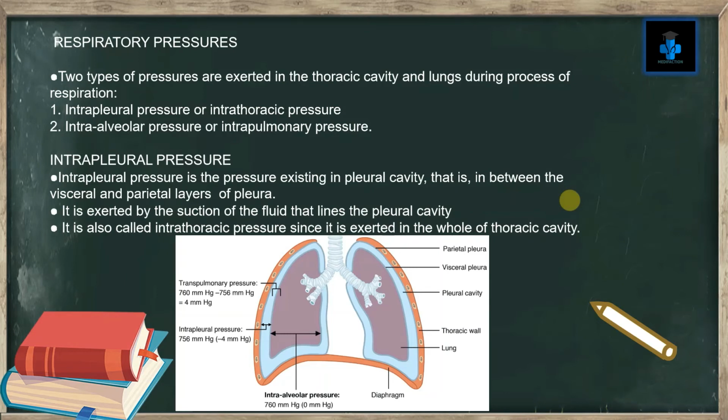Intrapleural pressure is the pressure existing in the pleural cavity, that is, in between the visceral and the parietal layer of pleura. It is exerted by the suction of fluid that lines the pleural cavity. It is also called intrathoracic pressure since it is exerted in the whole of the thoracic cavity.